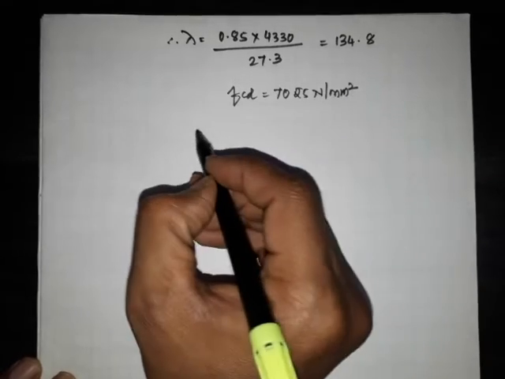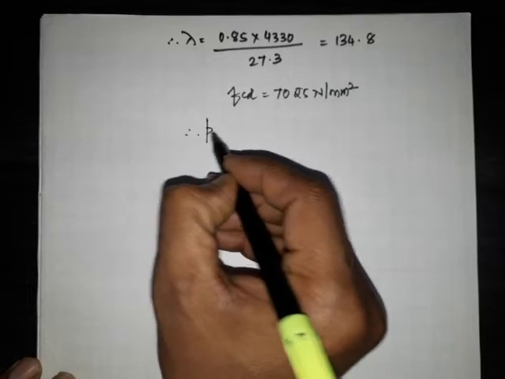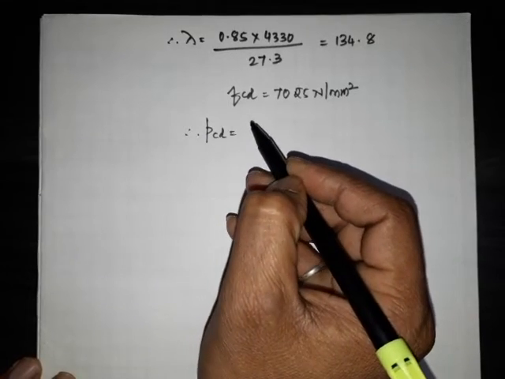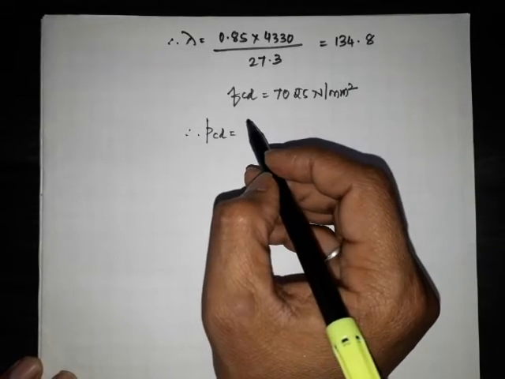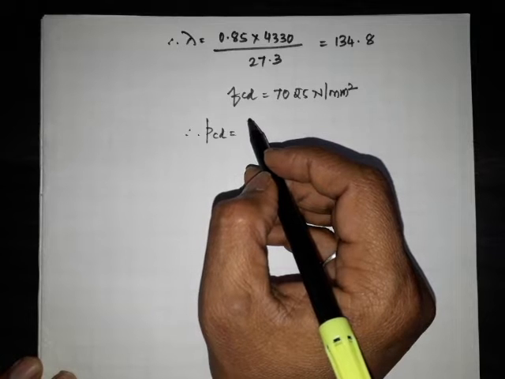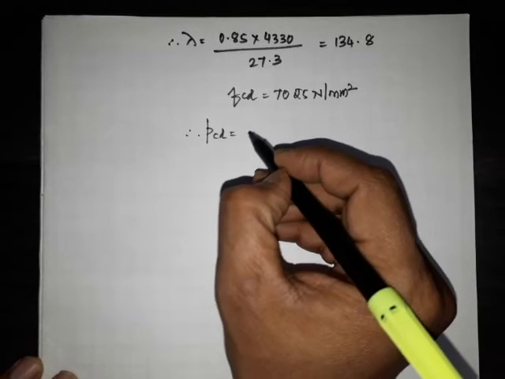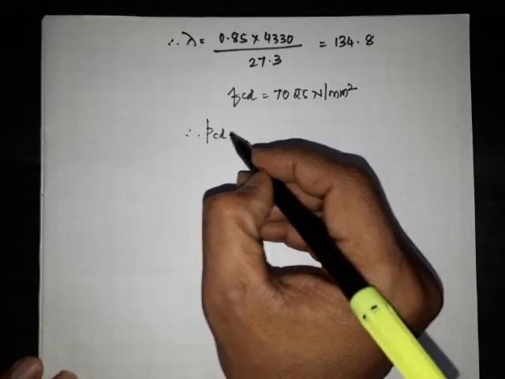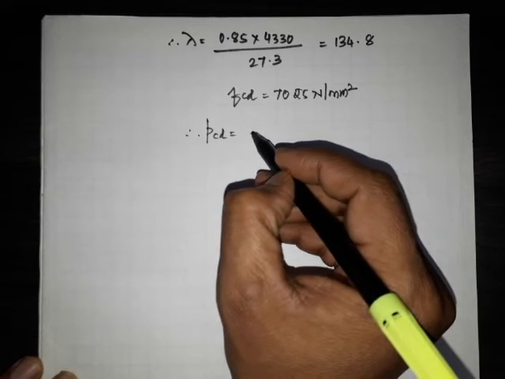So therefore, PCD for trial 2 is area into FCD.